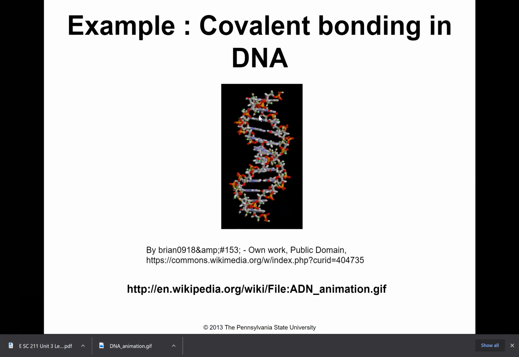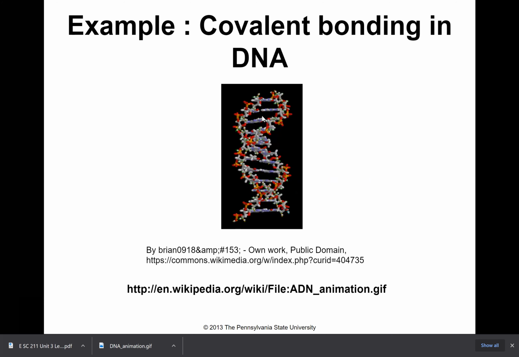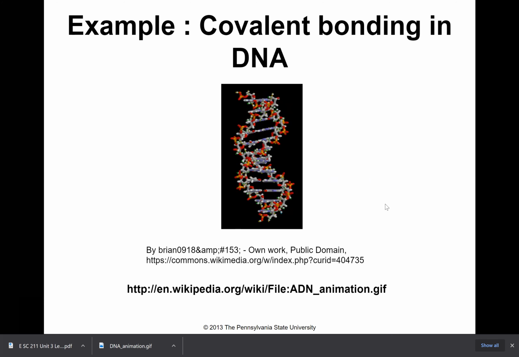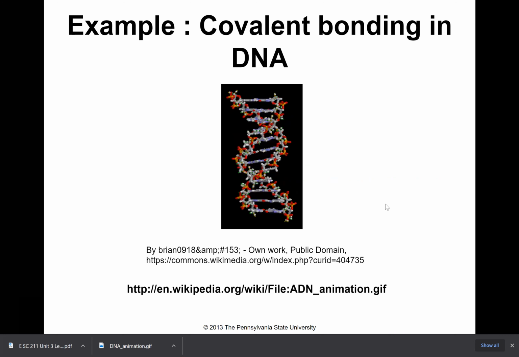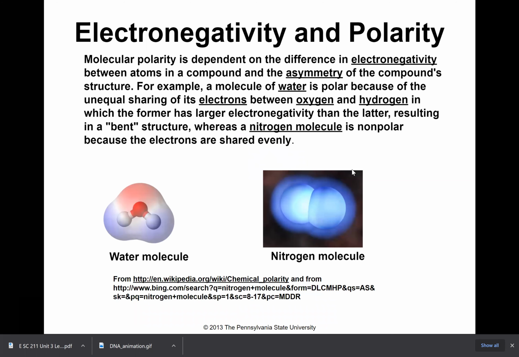If you look carefully, the base pairs in the middle aren't actually connected together because they're attracted with hydrogen bond attractions. Anyway, I thought that was cool, so I left that in there. Here's an example of a silicon crystal structure bonding. It's covalent bonding because they're all silicon atoms, and we'll go into that more in a different project, I think.